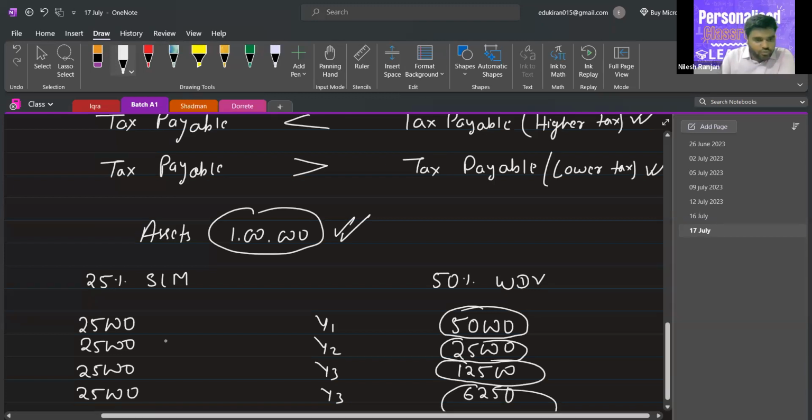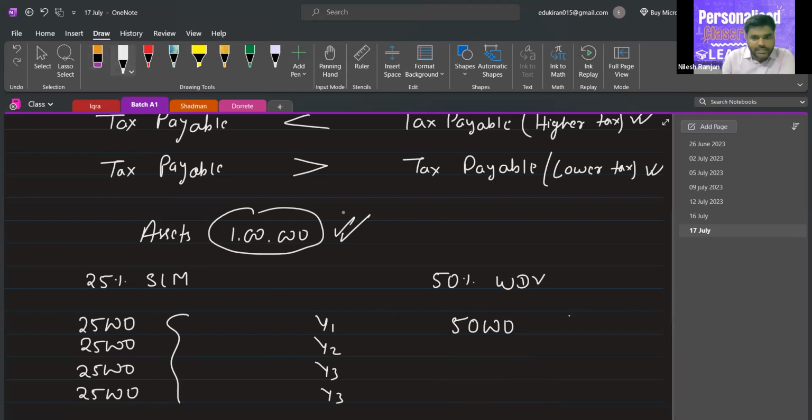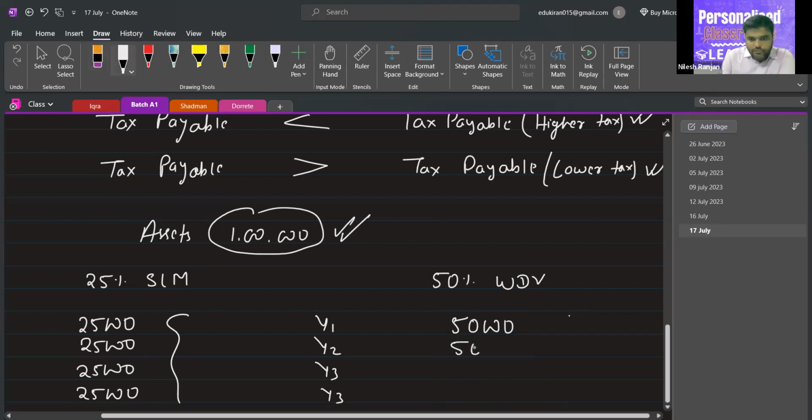If you finish the asset in 4 years with the same depreciation every year, and if you charge higher depreciation in the beginning, then it will be lower at the end. Or let's take the SLM method in both examples. Let's say in the second year it is also 50,000.